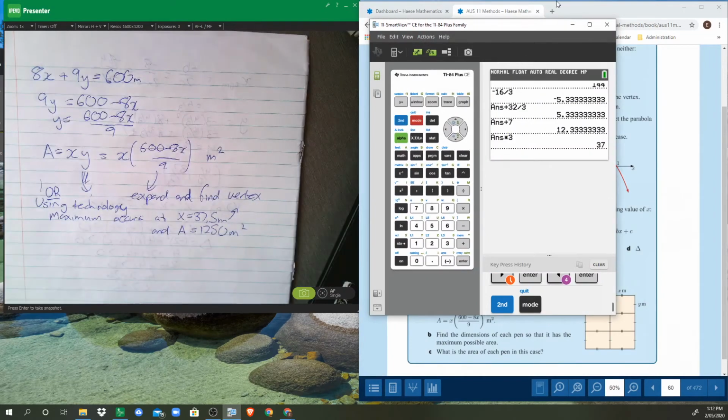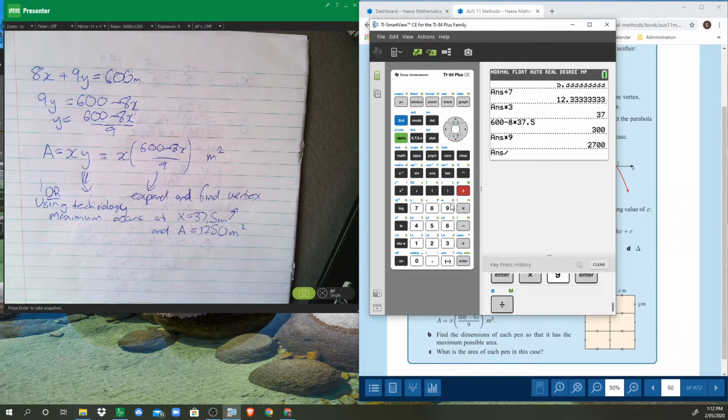So 600 minus 8 times 37.5, all divided by 9.